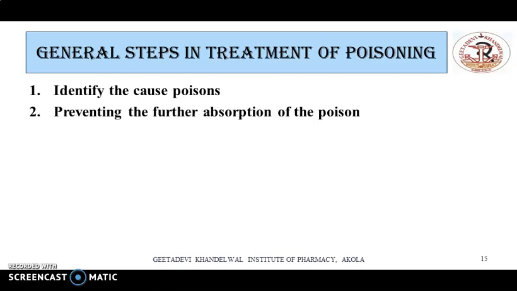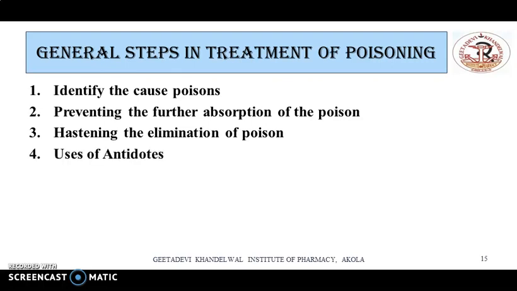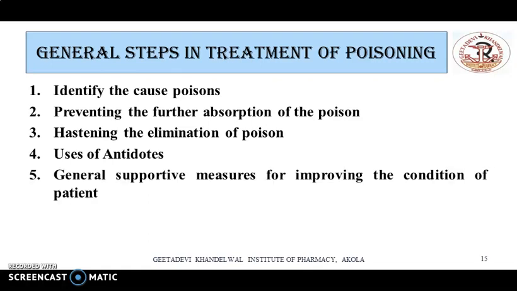Then step 2, preventing the further absorption of poison. Then step 3, hastening the elimination of poison. Hastening of elimination of poison means increasing the elimination of poison. Then fourth, use of antidote. Then fifth step, general supportive measures for improving the condition of the patient.